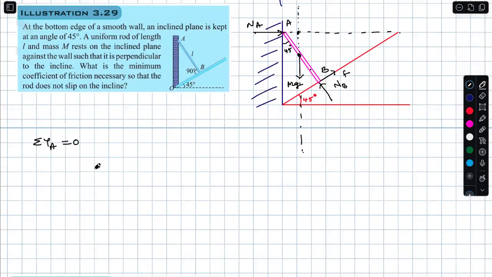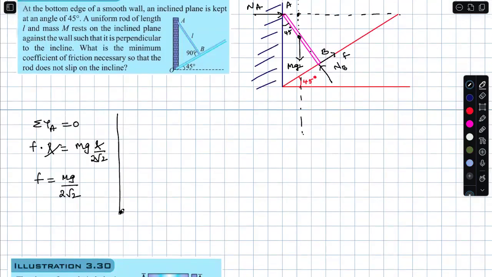Now, in this case, you will have F into length of the rod L is equal to mg times L by 2 root 2. Yes or no? Is L by 2 root 2. Why? Therefore, friction is mg by 2 root 2. Next.